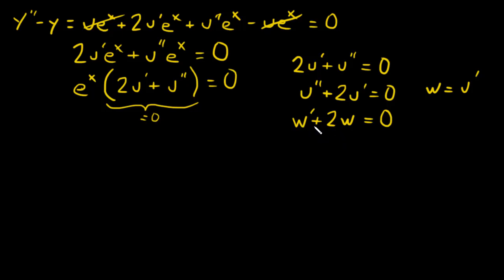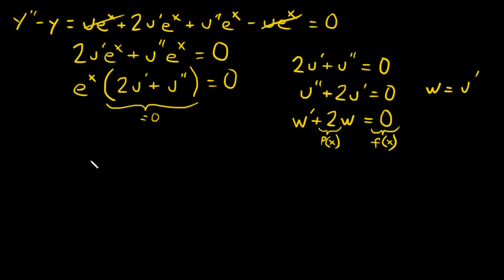Now, does this look familiar? This is the linear first order one that we can now use the integrating factor on, because this is my p of x and this is my f of x.